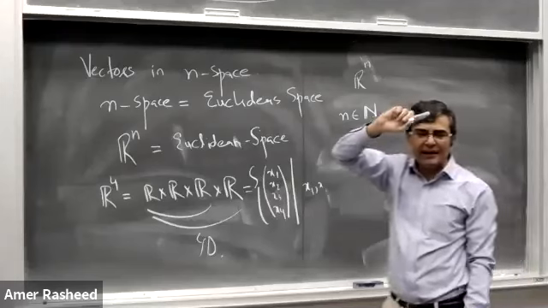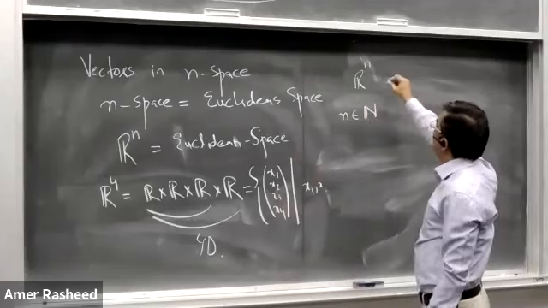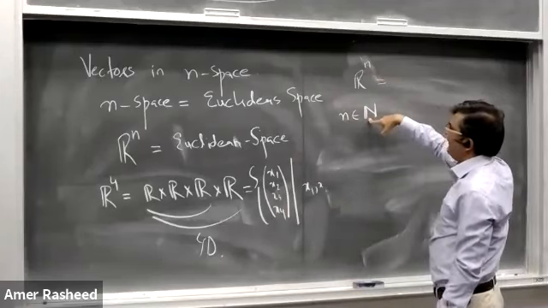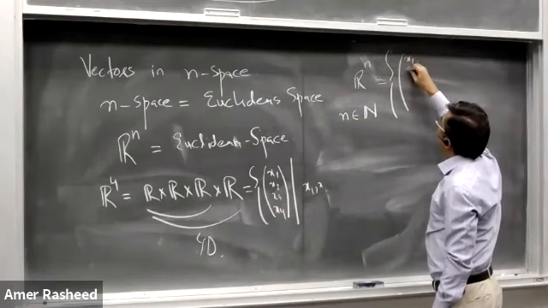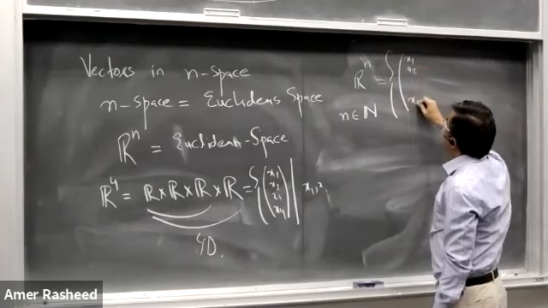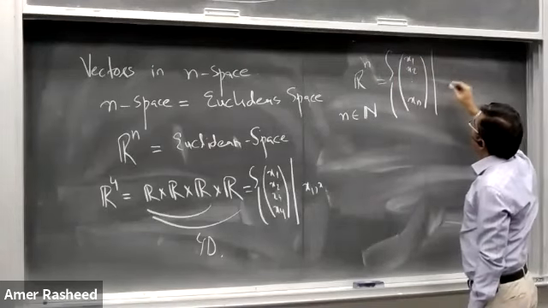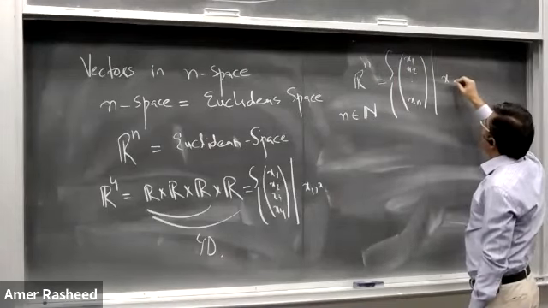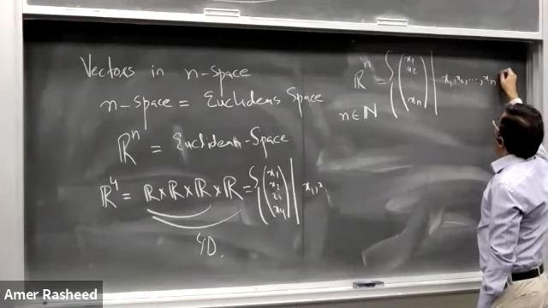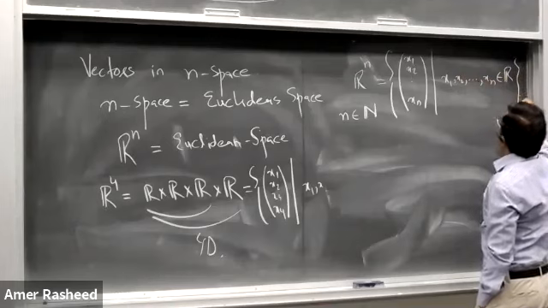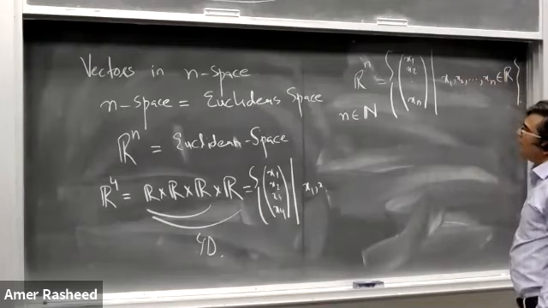N cannot be negative. Remember it. So Rn, where n belongs to the set of natural numbers, is defined in this way: x1, x2, and so on up to xn, such that all the x's are individually real numbers. Okay, this is your Rn.